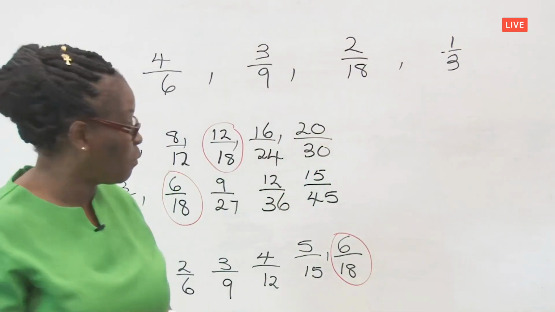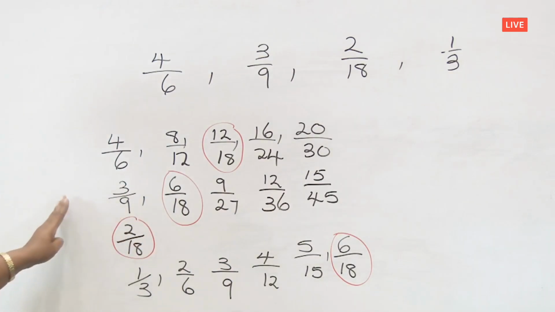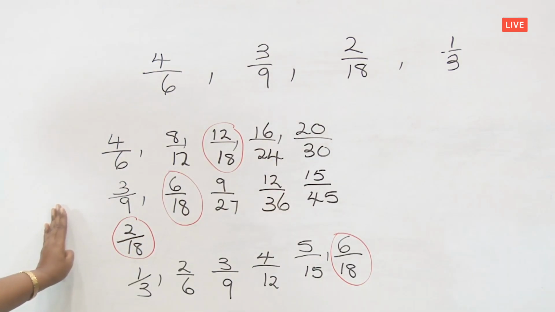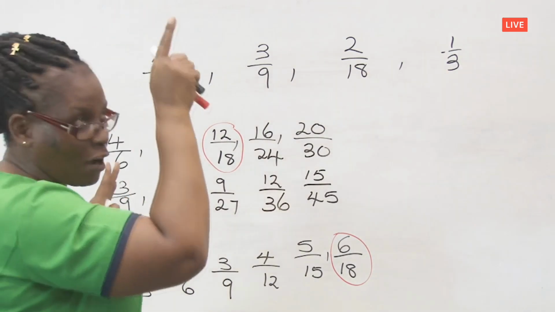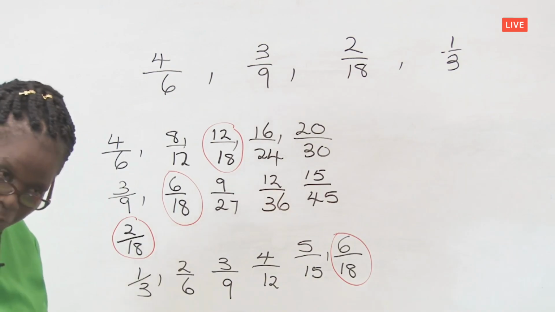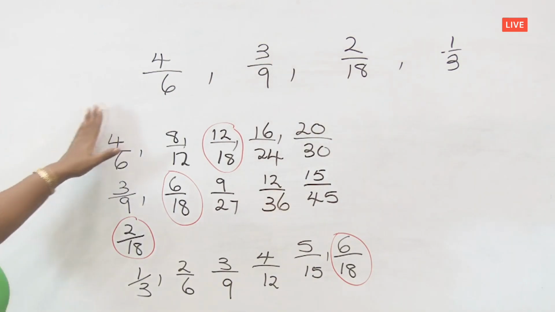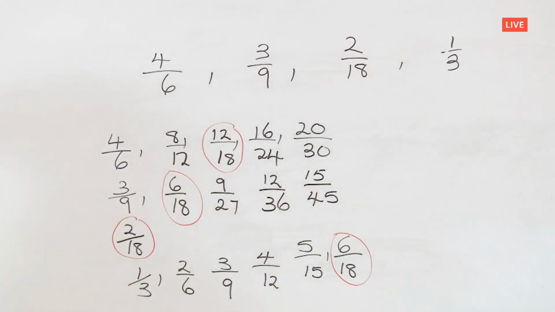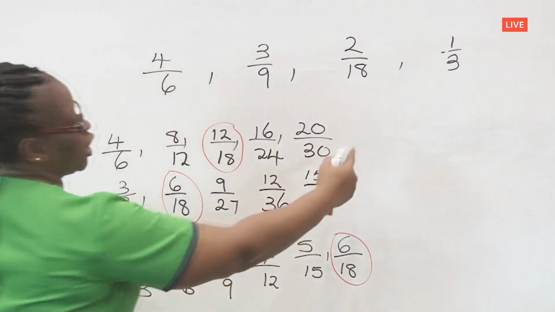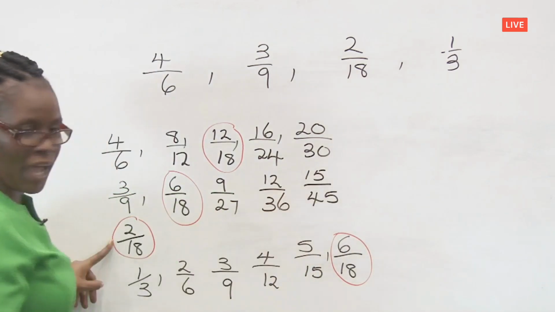It doesn't matter. So we are going to arrange these. But remember, you're not going to arrange with these fractions. You're going to arrange with these fractions that you were given. So we look for the, yes, I didn't say how we are going to arrange them. So we are going to arrange them in ascending order. What does ascending order begin with? A. So we are going above. So we are starting at the bottom.